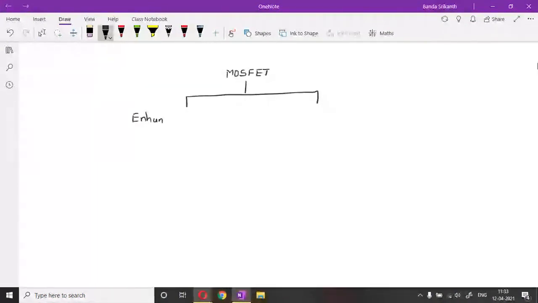Enhancement mode MOSFET and depletion mode MOSFET. First one is what? Enhancement mode MOSFET, and the second is depletion mode MOSFET.